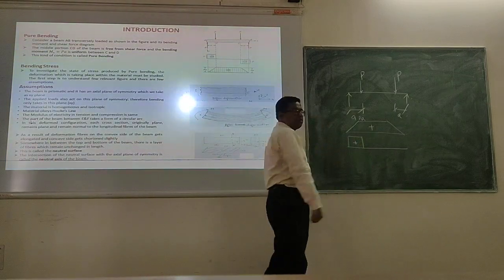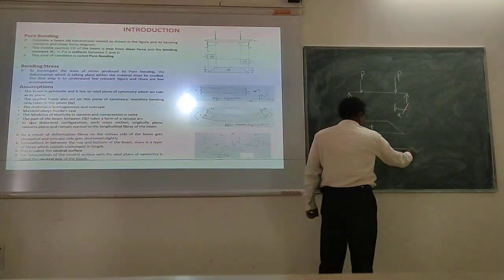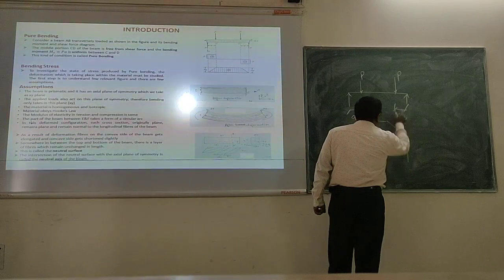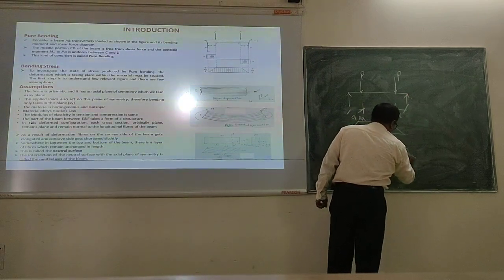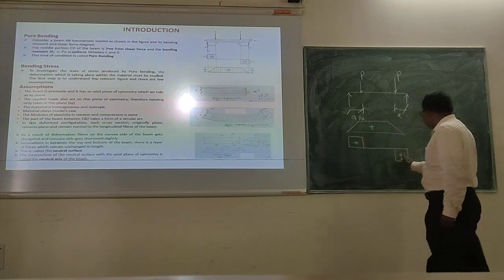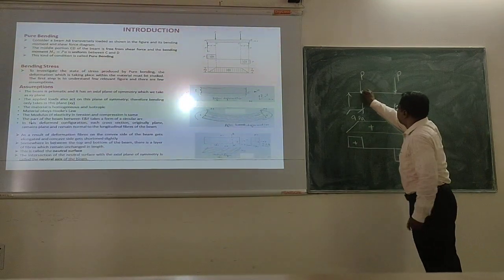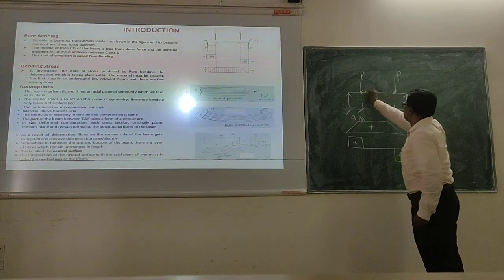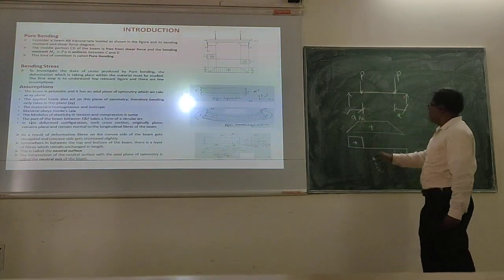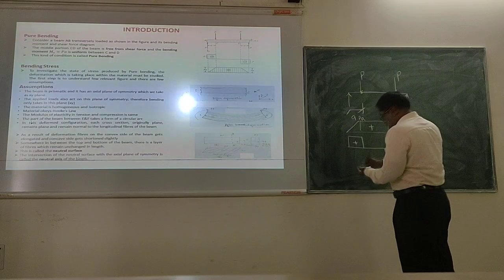There is a positive shear, and there will be a negative shear on the last portion of the beam, whereas for the other portion of the beam, from here to here, you can see the bending moment is happening.